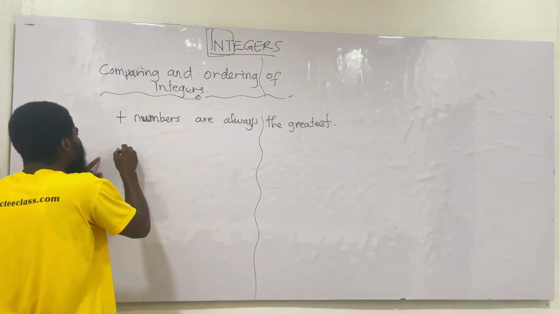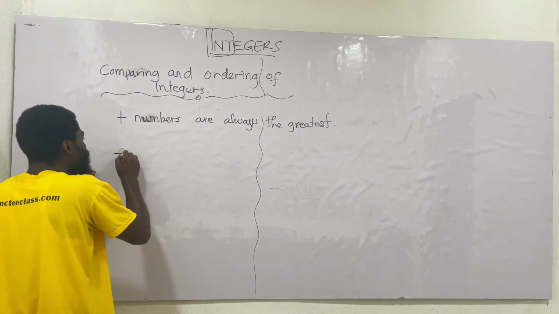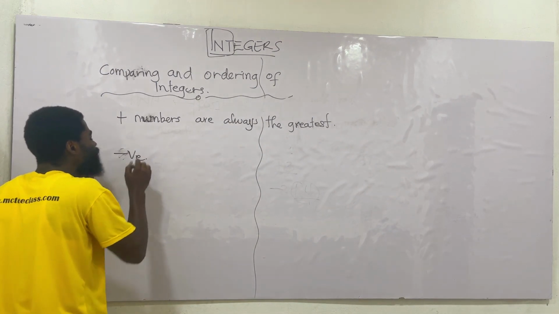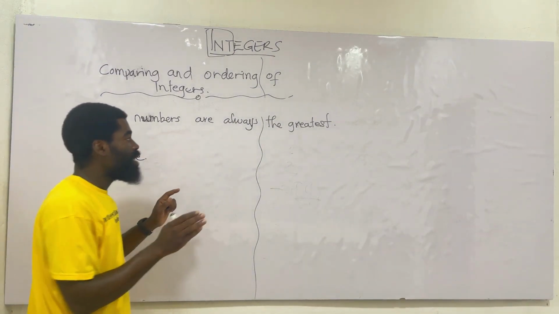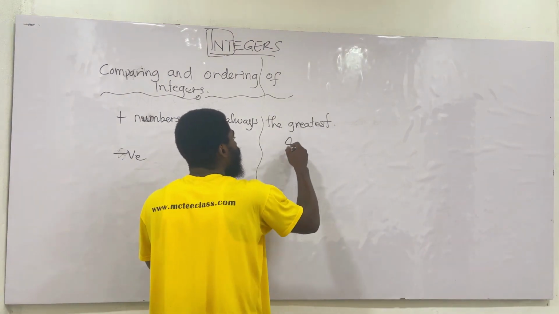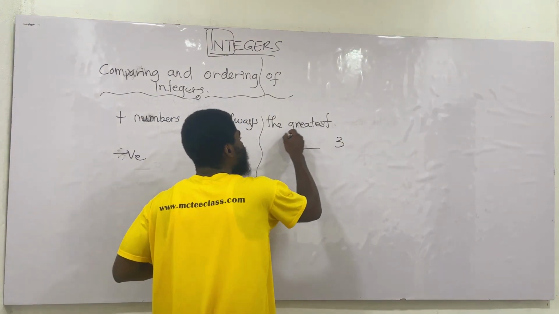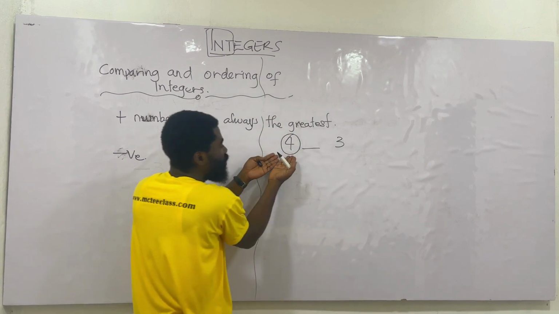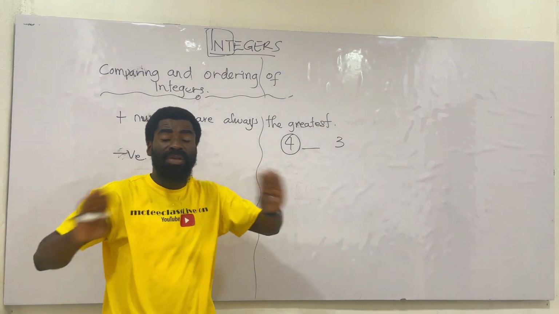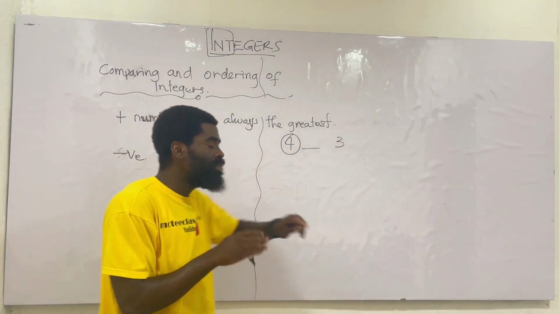But when it comes to negative numbers, the comparison becomes a little bit different. Take note that if we are comparing positive 4 and positive 3, the higher your value, the greater you are for positive. It's normal. But for negative, it changes.